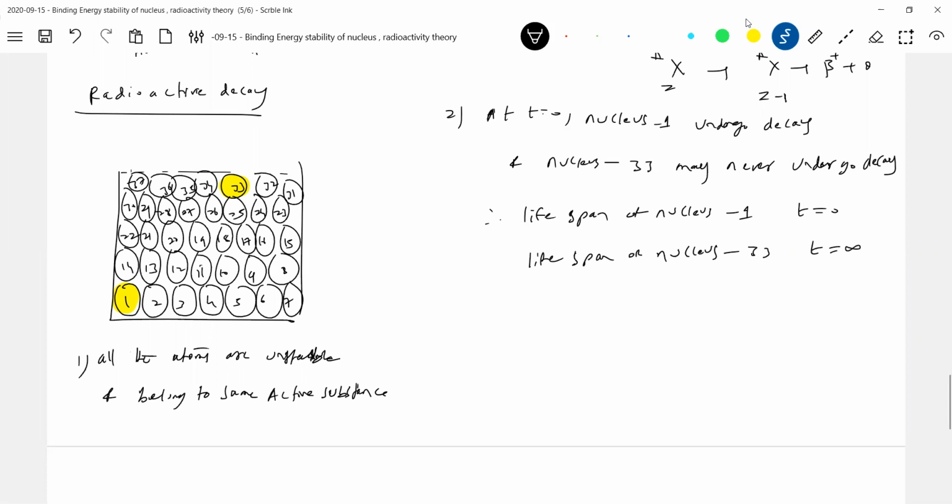Sir, how come both are having the same kind, both are unstable? We don't know that. The lifespan of all other nuclei inside will vary from 0 to infinity.